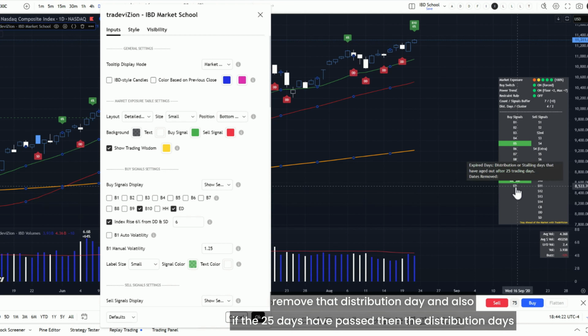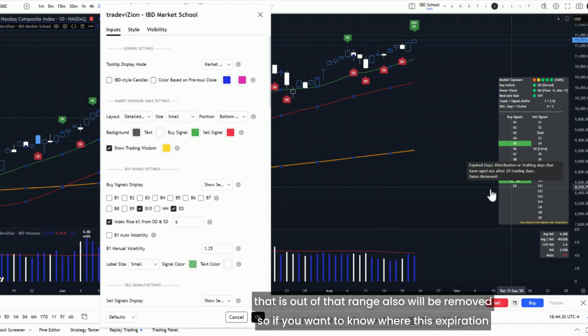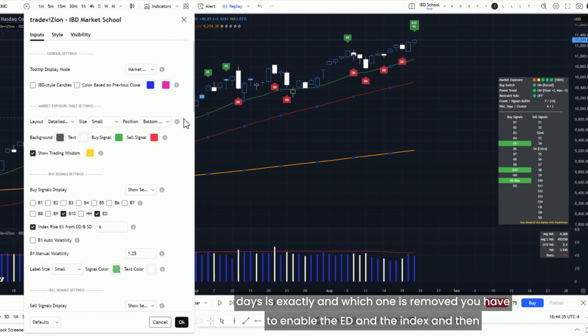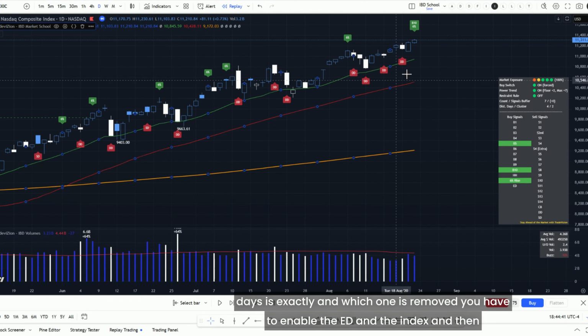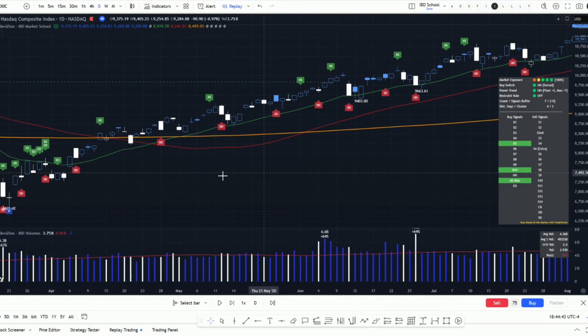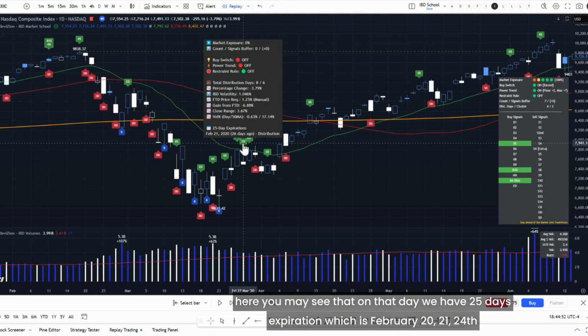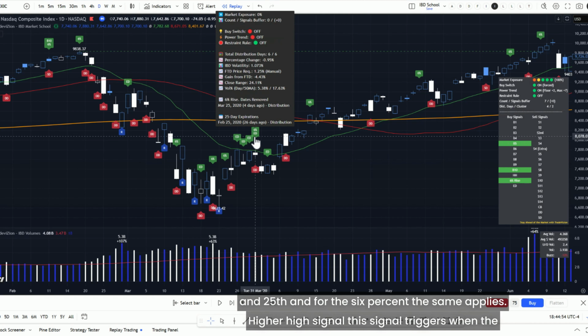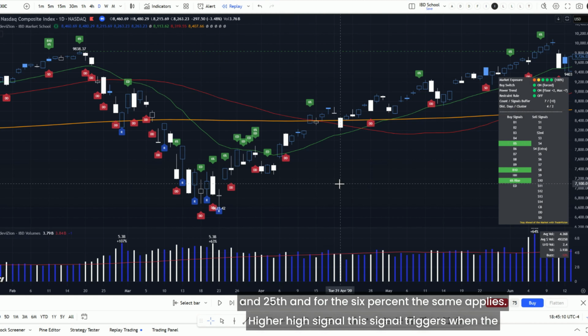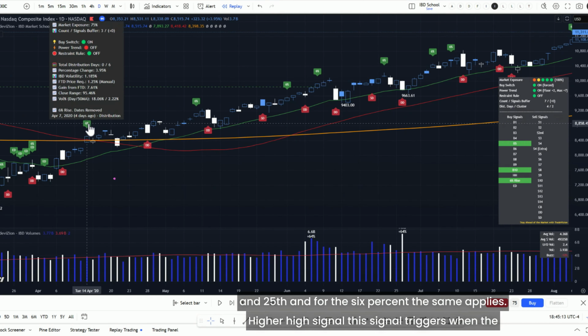And also, if the 25 days have passed, then the distribution days that are out of that range will also be removed. So if you want to know exactly where these expiration days are and which one is removed, you have to enable the ED and the index, and then here you may see that on that day we have 25 days expiration, which is February 20th, 21st, 24th, and 25th. And for the 6%, the same applies.